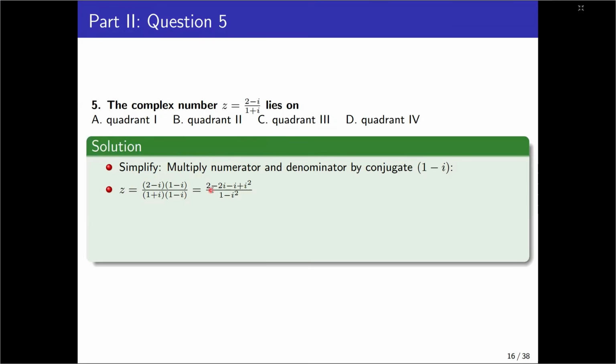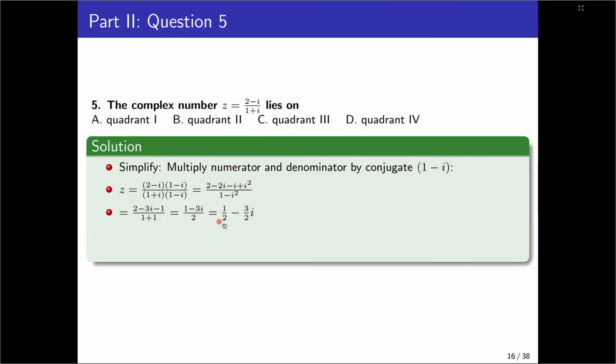So we will have 2 minus 2i minus i plus i squared over 1 minus i squared, which is equal to 2 minus 3i minus 1 over 1 plus 1, that's simply 2, which is 1 over 2 minus 3i over 2.